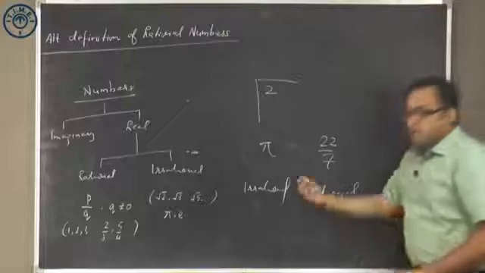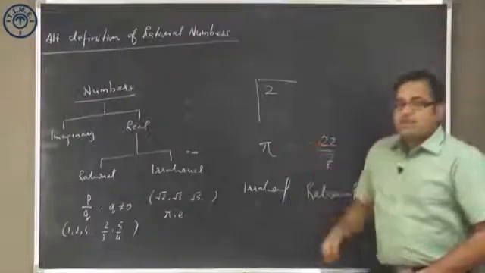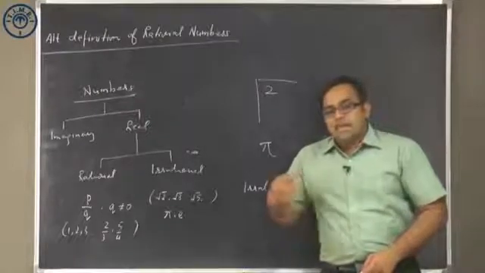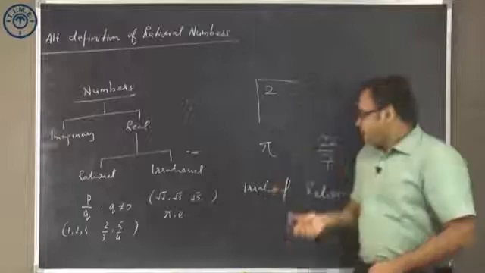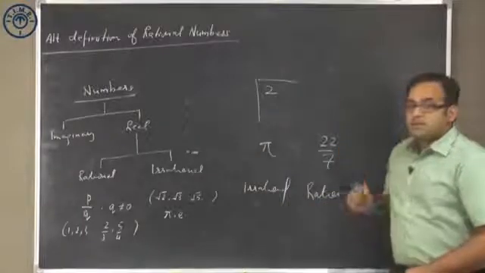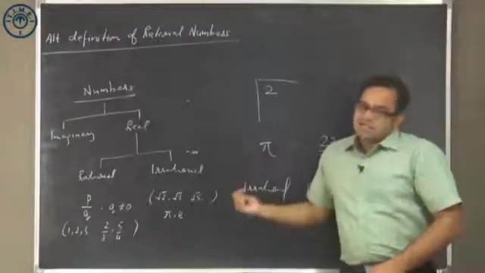The reason for this apparent anomaly is that 22 upon 7 is merely an approximation for the value of pi. 22 upon 7 is not the exact value of pi. That's why 22 upon 7 is a rational number, in the form p by q where q is not equal to 0, whereas pi is an irrational number.